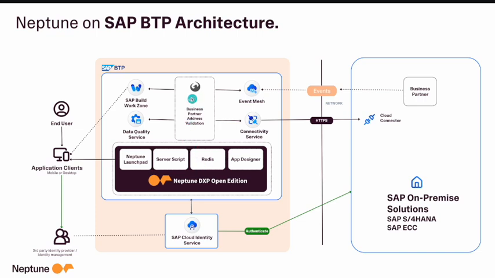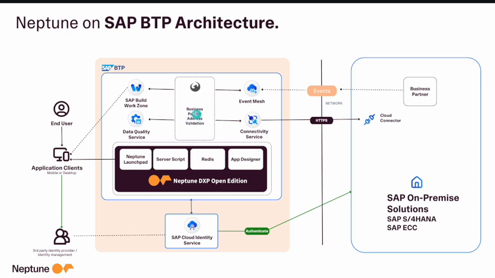The user can then open the business partner address validation app. The user can then open the details of the business partner and validate the address with the data quality service on SAP BTP. This service can correct address details and also return geolocation data.